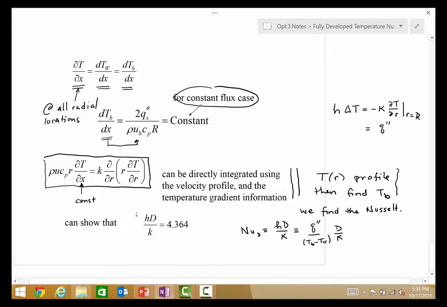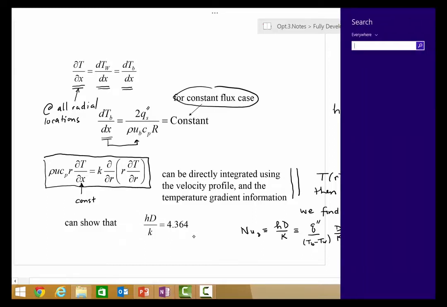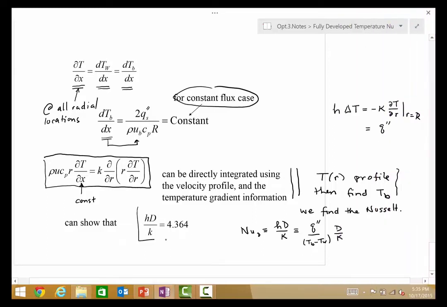If we do that, we find that HD over K is equal to 4.364. And so this is an important result for problems of this type.